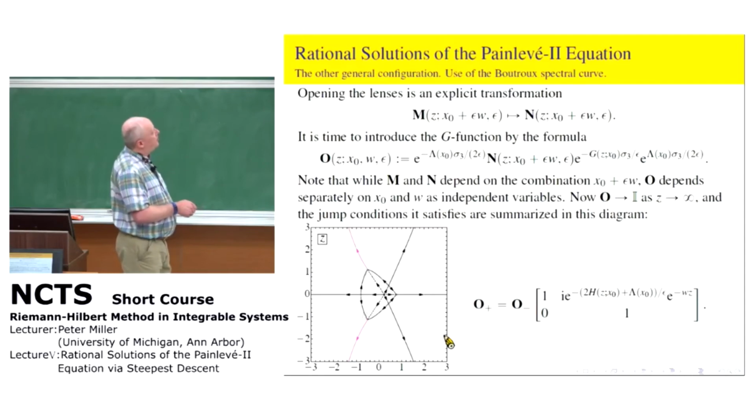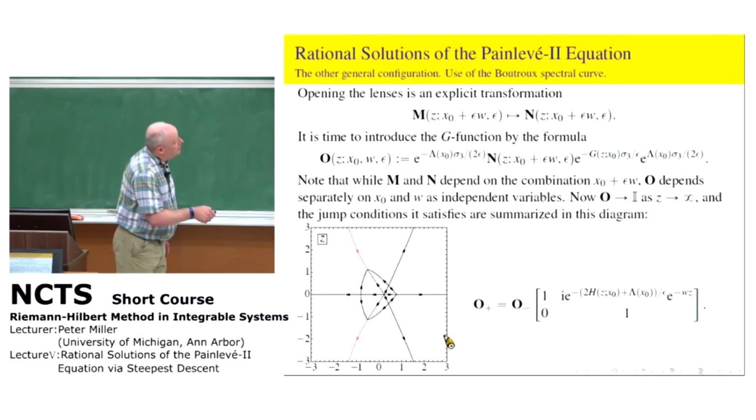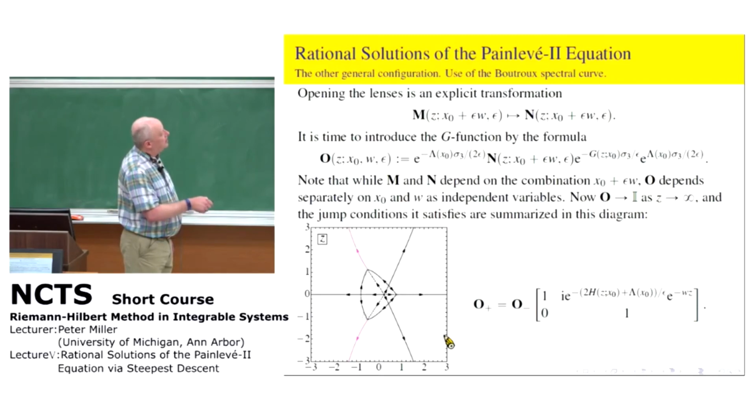So we may observe that while M and N depend on the combination of variable x naught plus epsilon w, which is proportional to y, the matrix O depends independently on x naught and w, because we're using functions of x naught only to conjugate this matrix N that depends on the combination.